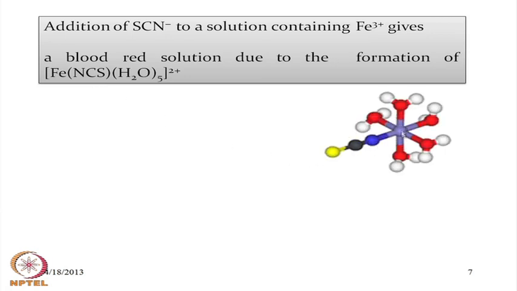So, if this is the octahedral geometry around this iron, initially we have all these as water molecules, and all water molecules are still there except the one where one water molecule is substituted by this thiocyanate group. So, we have this thiocyanate color change and we get a color change from light yellow to red blood solution.